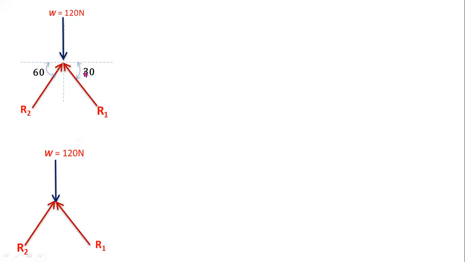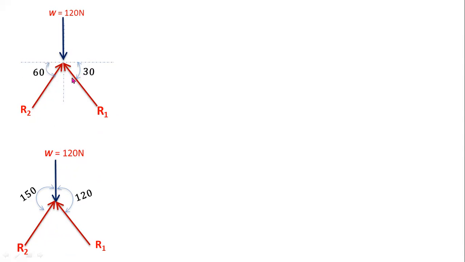So 120 degrees is the angle between self-weight W and the reaction force R1. In a similar way, the angle between these two forces is 60 degrees plus 90 degrees, that means 150 degrees. And here the total angle is 180 degrees.